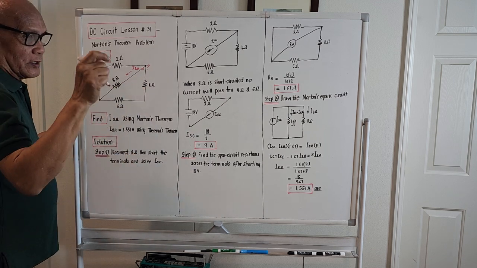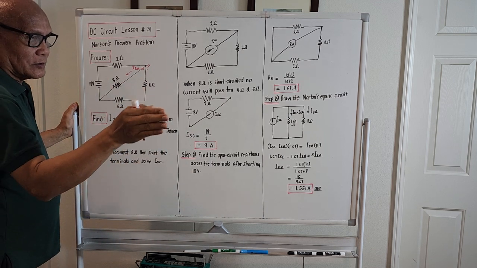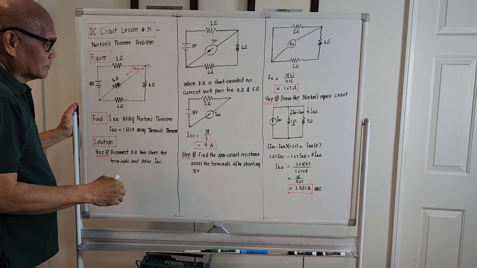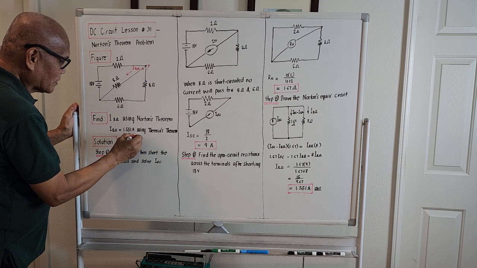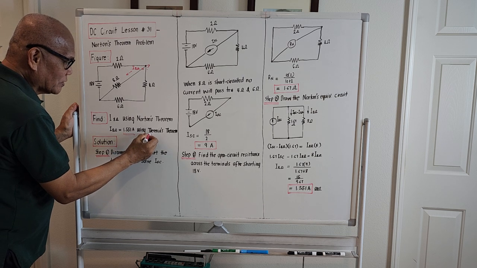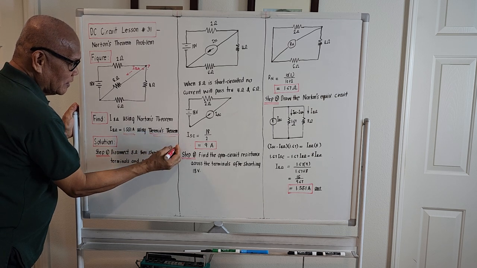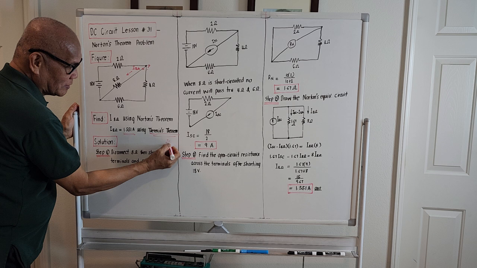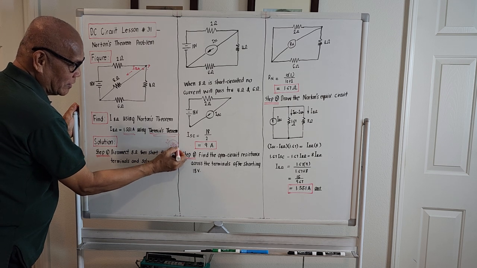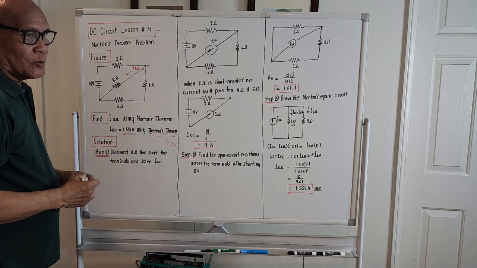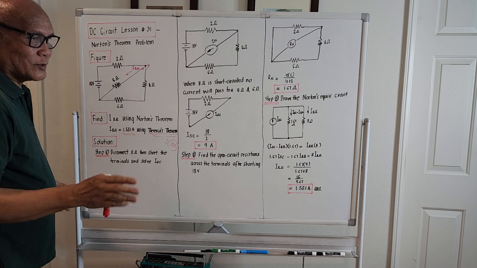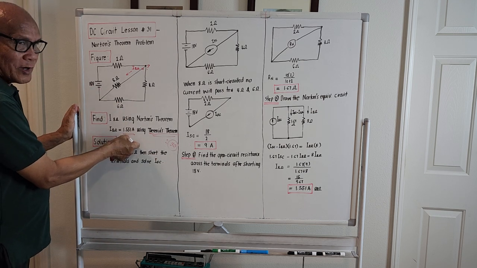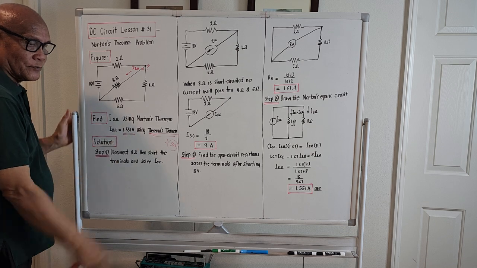According to lesson number 30, the current is actually 1.551 amperes, using the Thevenin's solution. So for tonight, we will be presenting the Norton solution, and what will come out is supposed to still be 1.551 amperes.